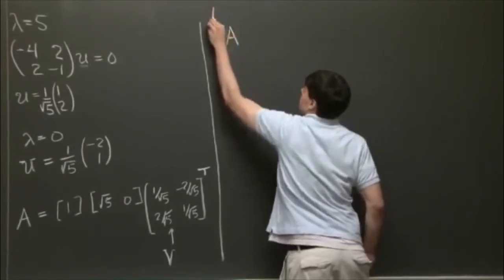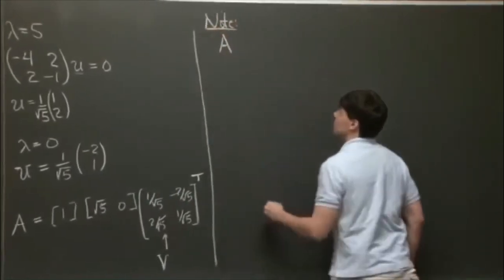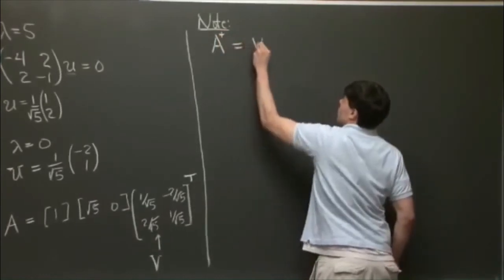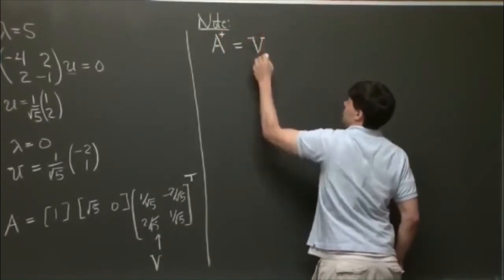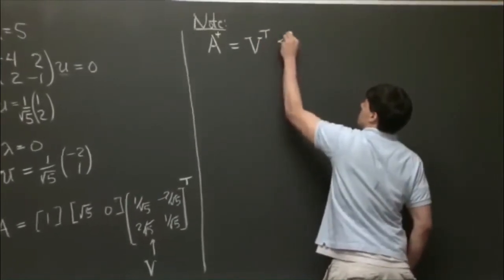just note, if A was invertible, then the inverse of A in terms of the SVD would be V transpose times the inverse of sigma.